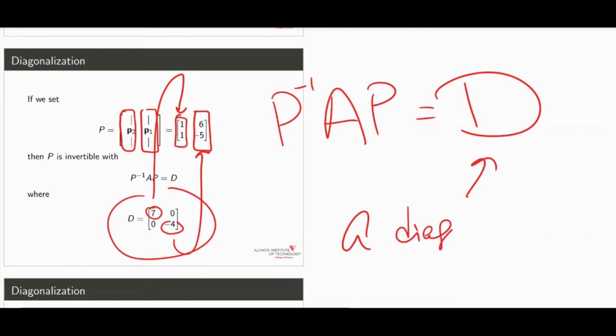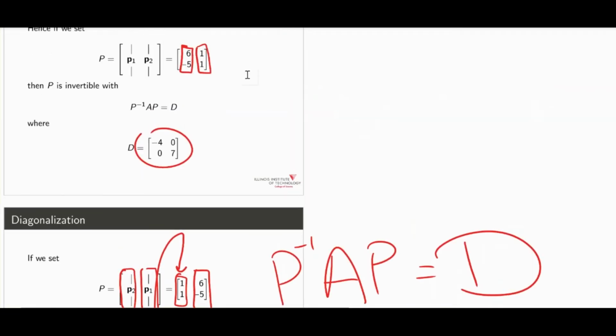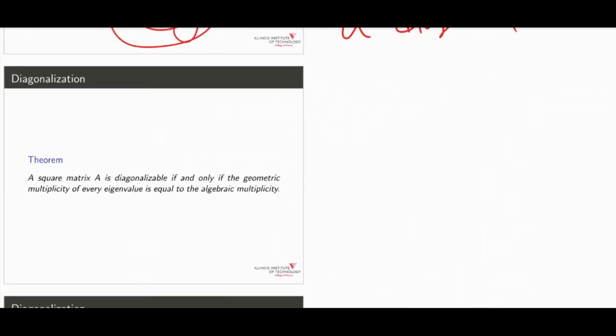So it doesn't matter so much which one is the diagonal matrix. It could be this, or it could be this. It doesn't really matter.